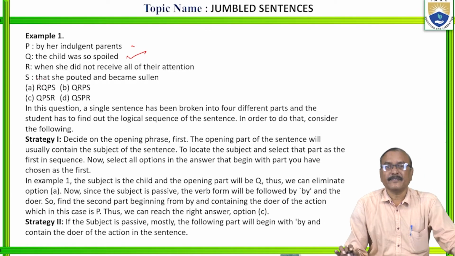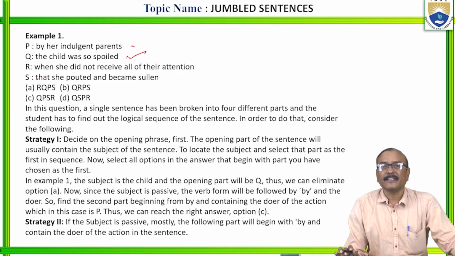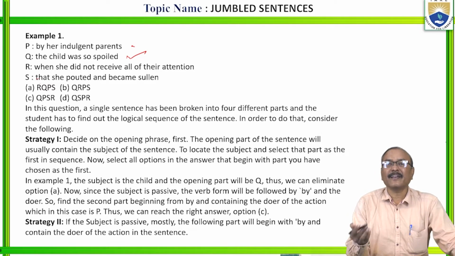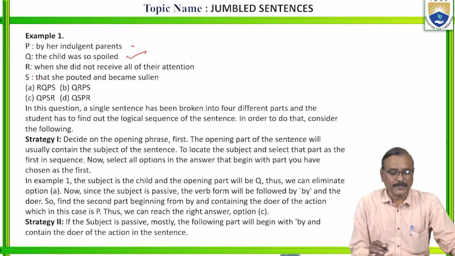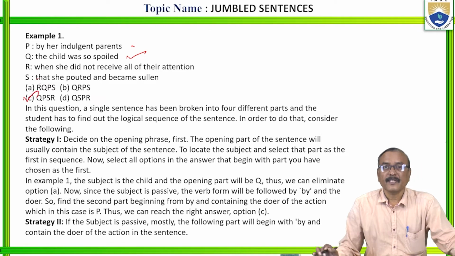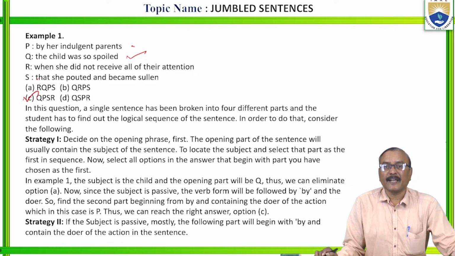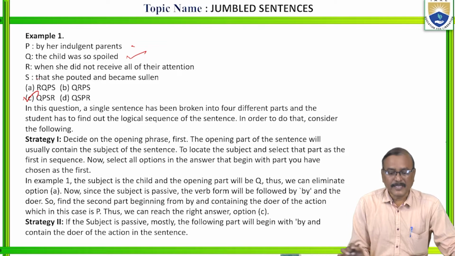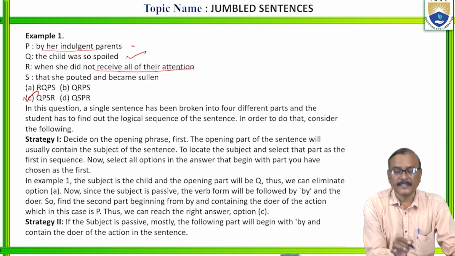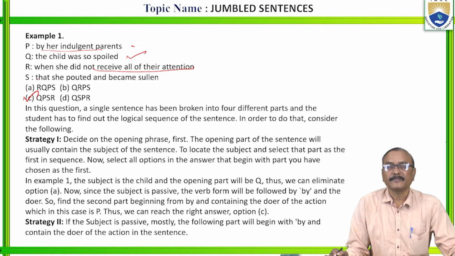It seems right, but D is followed by "when she did not receive all of their attention by her indulgent parents", which is wrong. So option C is the correct one, because after this one you can't say this. So you have to see the link.